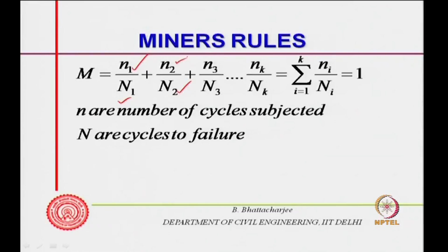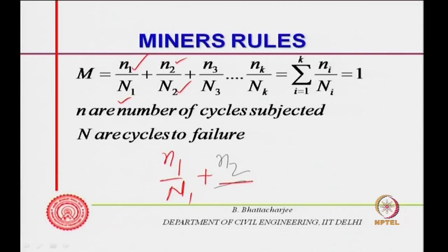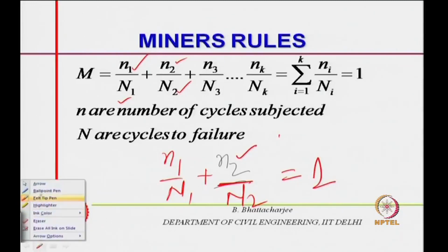Now I want to find out how many cycles it can withstand. What I know is n1 by N1, plus n2 divided by N2, which is my unknown, and this must equal 1 for failure.